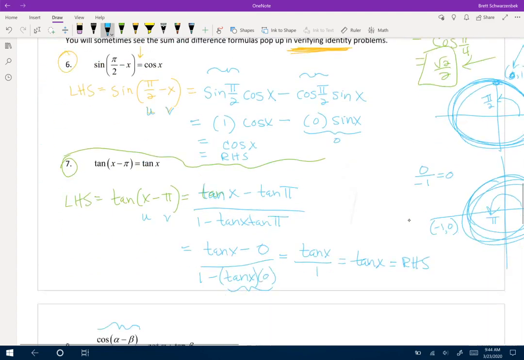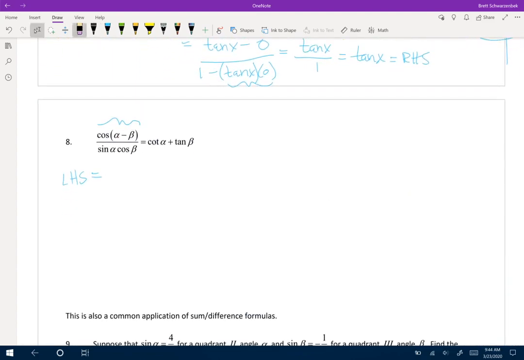So let's just assume that this is u and v. If we were to alter this, we would get cosine alpha cosine beta, plus, remember the sign is different, sine alpha sine beta. This is equivalent to that upper expression.